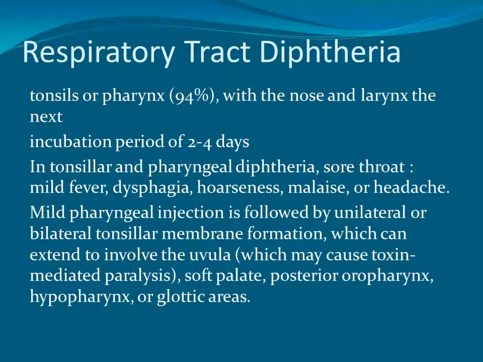Mild pharyngeal injection is followed by unilateral or bilateral tonsillar membrane formation, which can extend to involve the uvula, which may cause toxin-mediated paralysis, the soft palate, posterior oropharynx, hypopharynx, or glottic area.